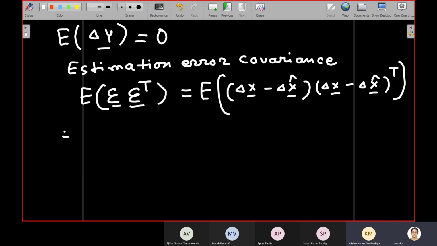And we just need to do the multiplication inside and then apply the expectation operator on each of the terms. We get 4 terms.